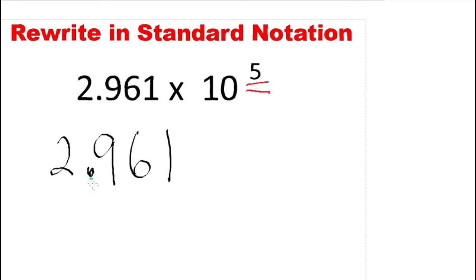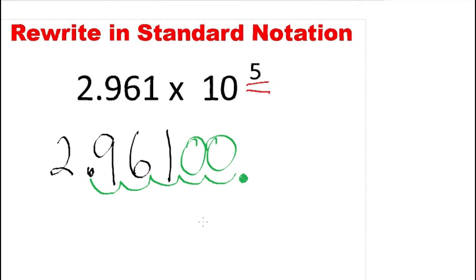So we're going to start here. 1, 2, 3, 4, 5, and then go ahead and put our new decimal point. At this point we just add zeros, a 0 here, a 0 there, and we rewrite this full number, obviously knocking off the decimal at the very end.